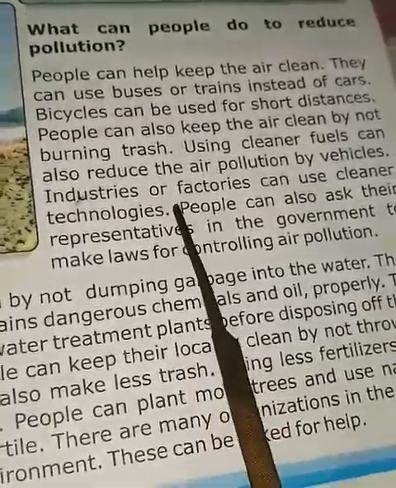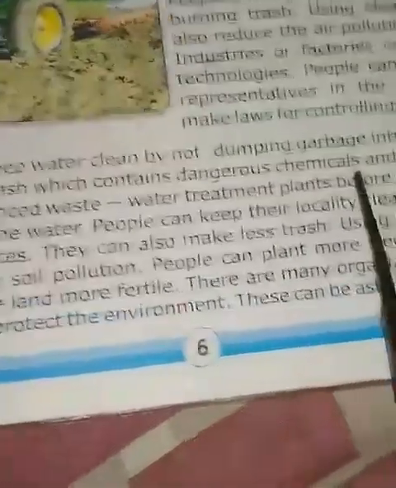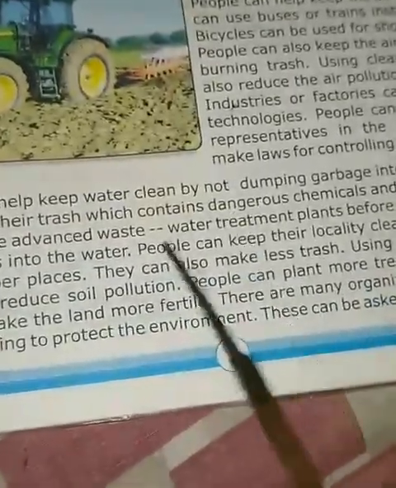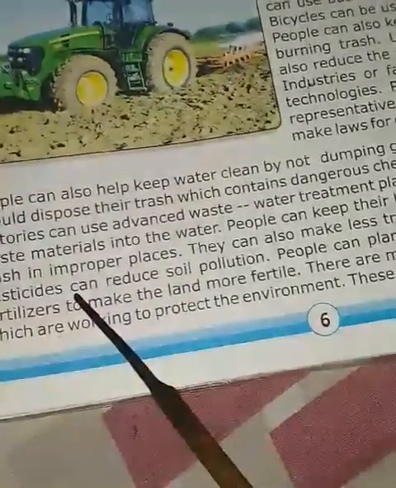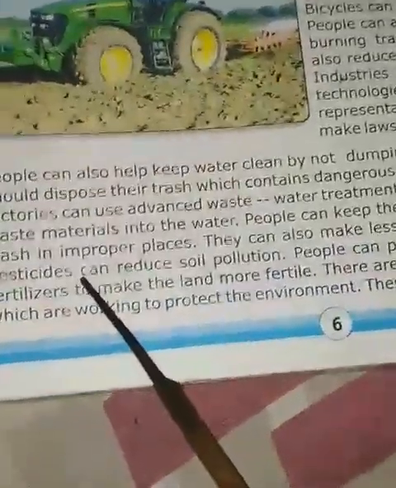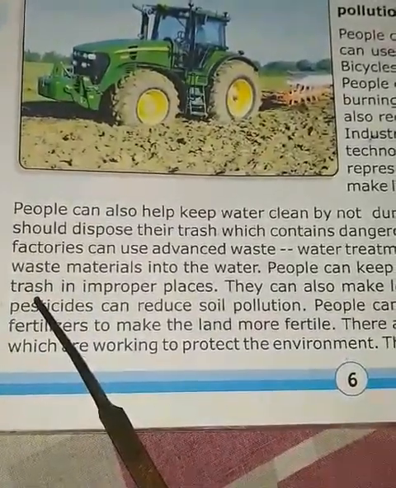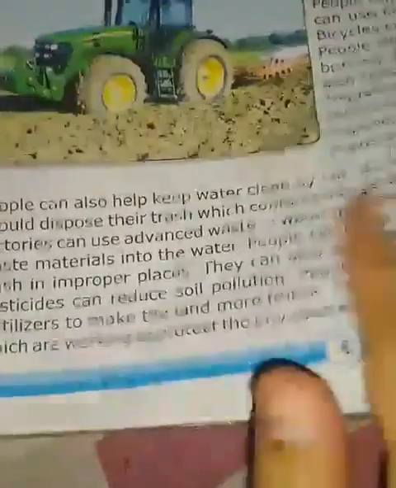They can also keep the water clean by not dumping garbage or chemicals into the sea, which is very harmful and dangerous for marine life. And we can also keep our land clean by not disposing of trash on it and by throwing it into a dustbin.